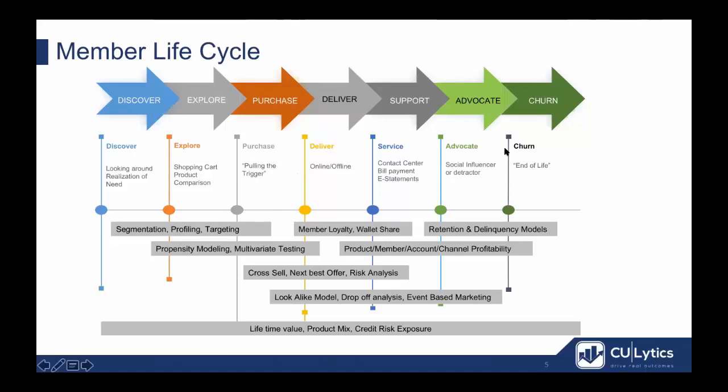And then when the members are going through the advocacy part, meaning if they have been utilizing our services, how can we use that relationship so that we can turn them into our strong advocates, and make sure that they are able to help us in retaining more of those members who may otherwise be thinking of churning or leaving us.